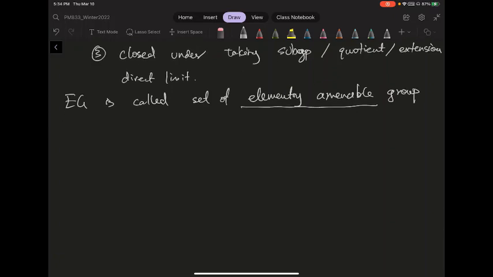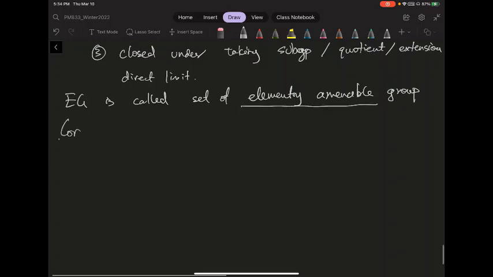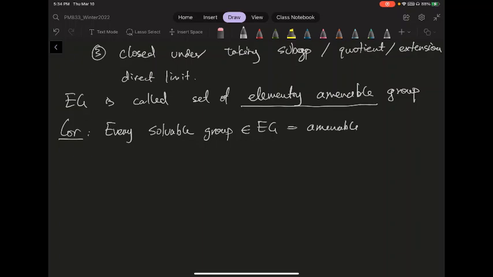So what is in the elementary amenable groups? One thing is that every solvable group is going to be elementary amenable. So every solvable group is inside EG, so it's amenable. The reason is really simple.